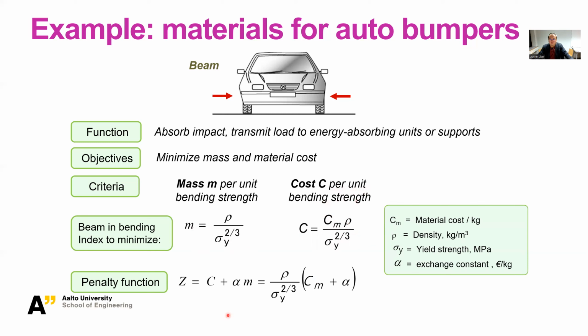So here, the penalty function is not simple anymore. It's a little bit more complicated because we're going to formulate everything with, let's say, this mass per unit bending strength and cost per unit bending strength. So this is the additional term, but inside you can see it's still about this Cm plus alpha.